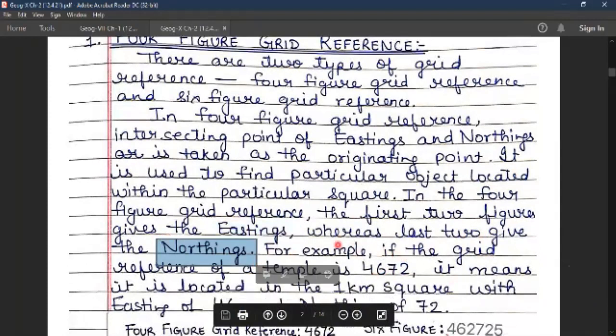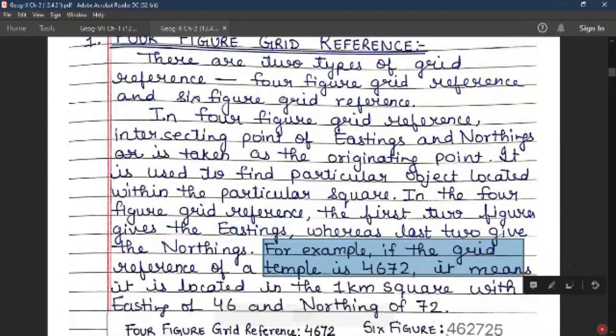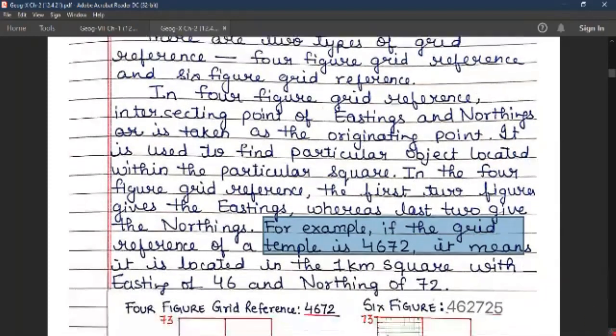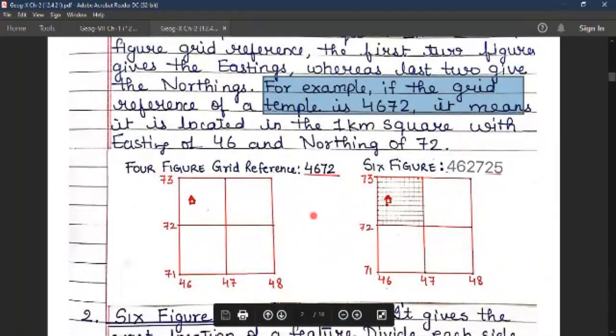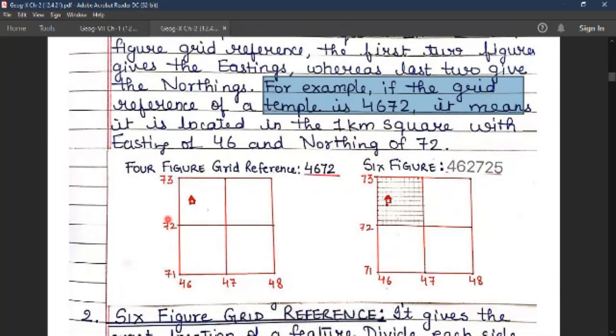For example, if the grid reference of a temple is 4672, as you can see, 46 and 72. It means it is located in the 1 kilometer square with eastings of 46 and northings of 72.